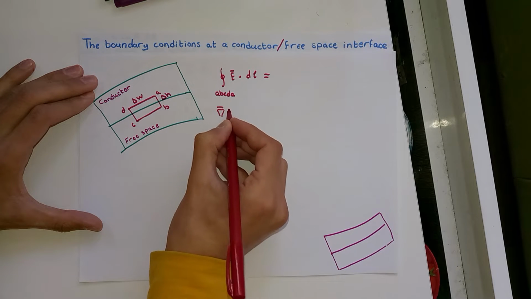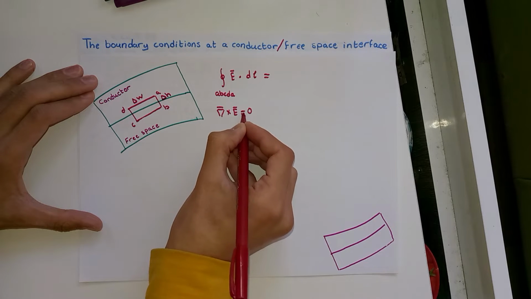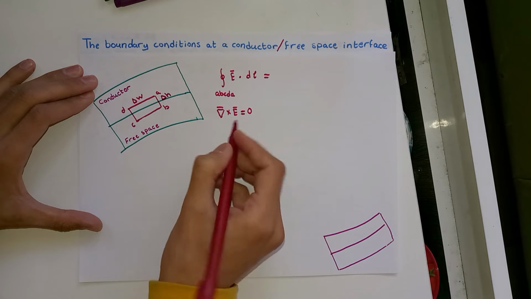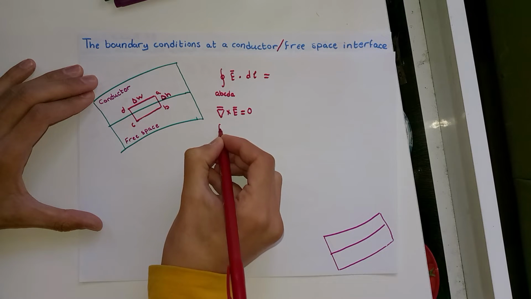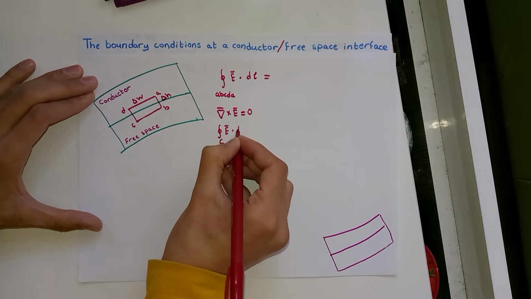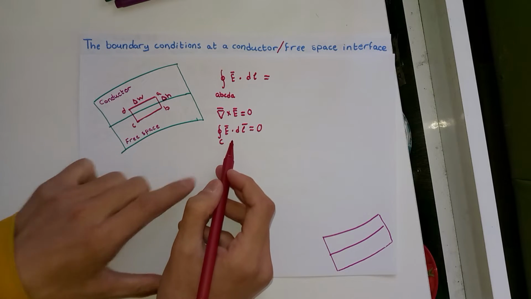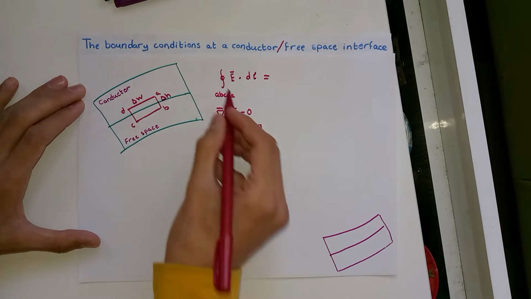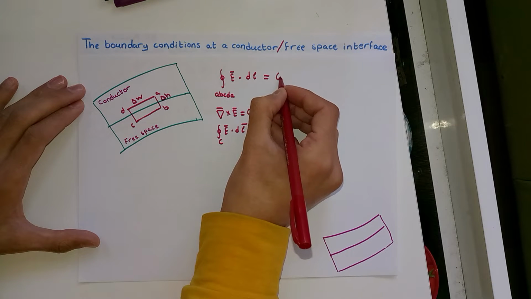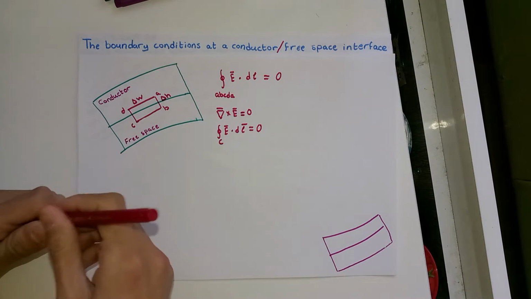We know that the curl of the electric field is equal to 0. By applying Stokes' theorem, we will find that the path integral of the electric field around the closed contour is equal to 0. So this equals 0.